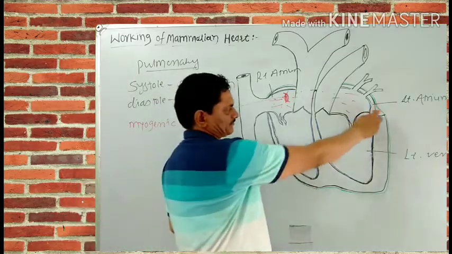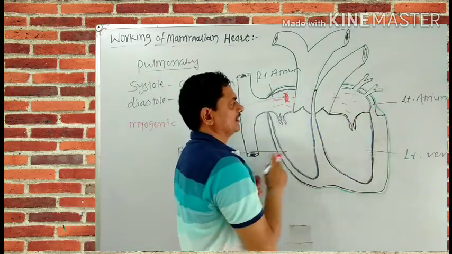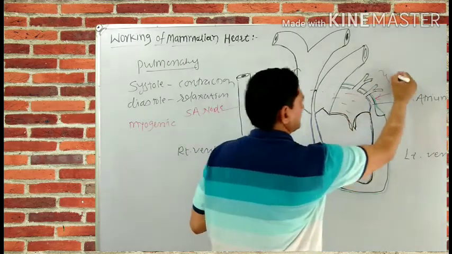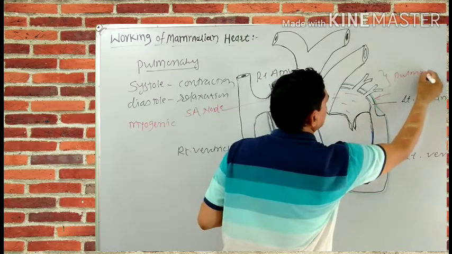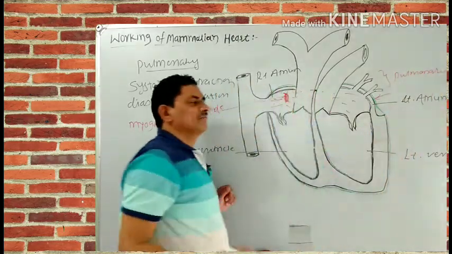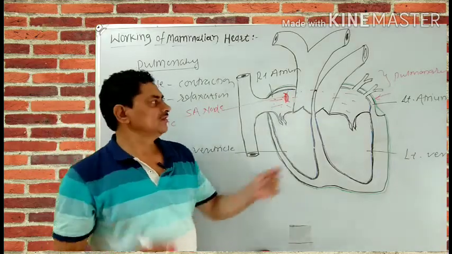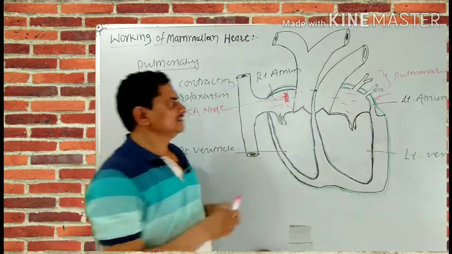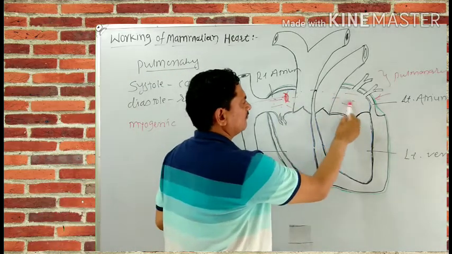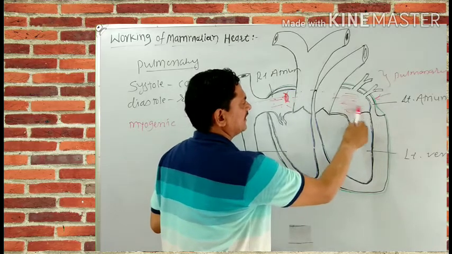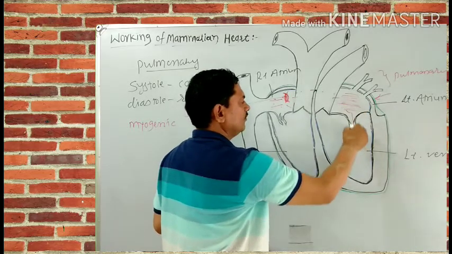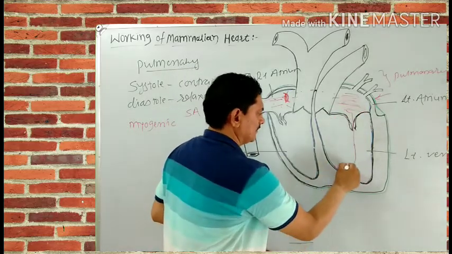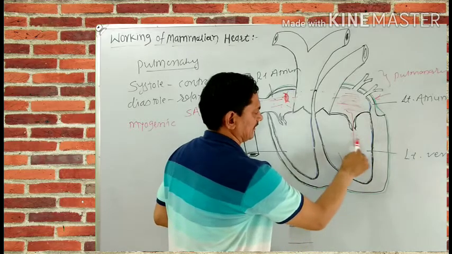Suppose in the left atrium, the blood is carried by the four pulmonary veins. These are the pulmonary veins, and they bring oxygenated blood into the left atrium. And when the left atrium contracts, whatever blood is present in the atrium enters through the auriculoventricular aperture into the ventricle.